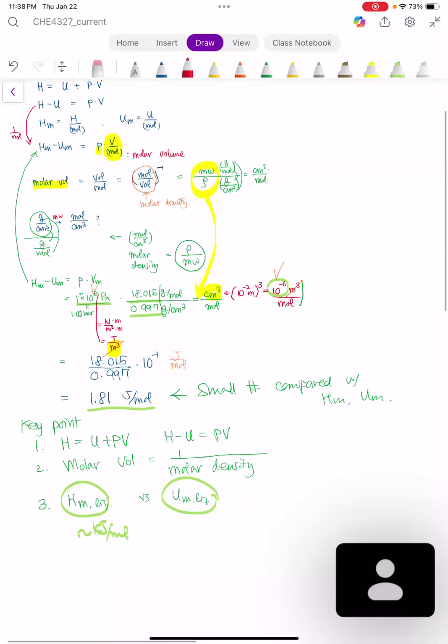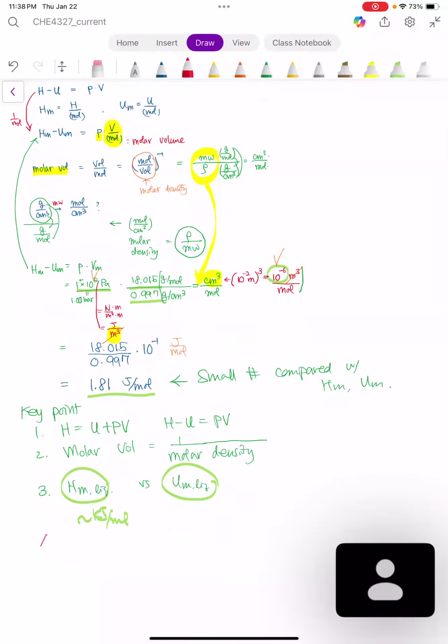So what does that mean? That means it's convenient. In biology, most of the systems work in liquid. And as we talked about in class, enthalpy is easier to measure than internal energy.